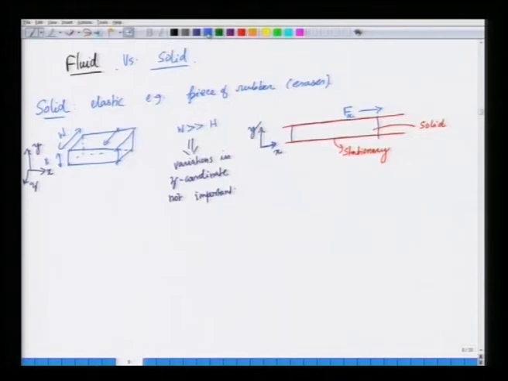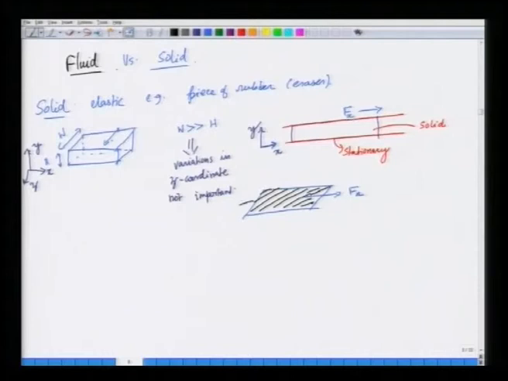Now, in mechanics, in both fluid and solid mechanics, if you have a surface, remember I am just drawing here the cross section at any plane that is perpendicular to z. Okay. This force is actually applied on a surface, on the top surface of this piece of solid. Okay.